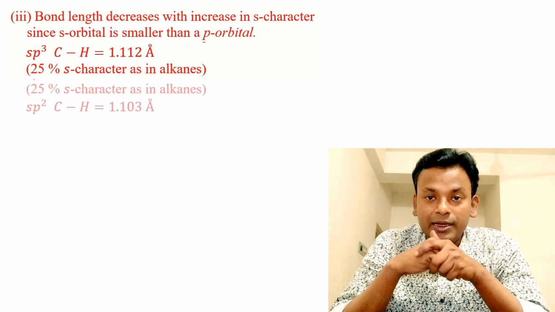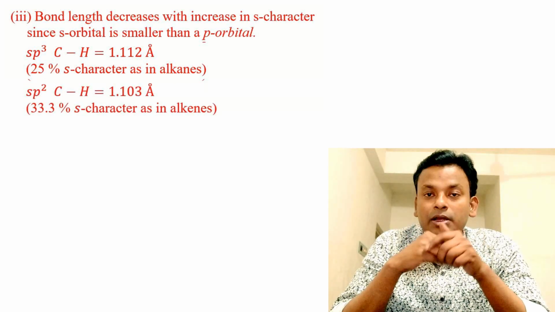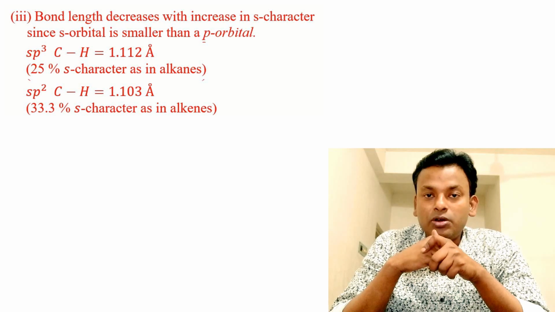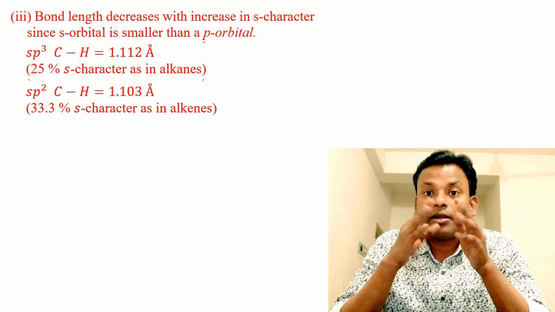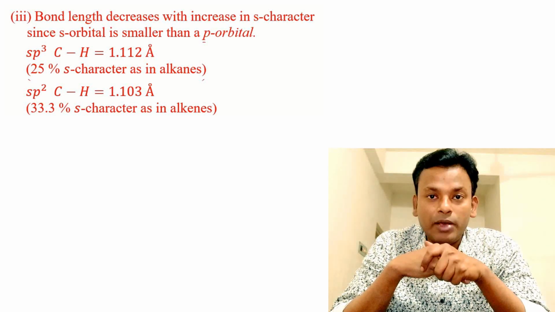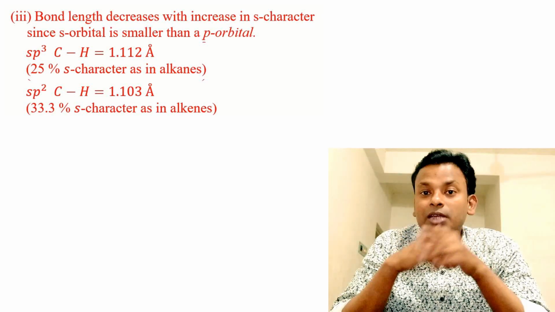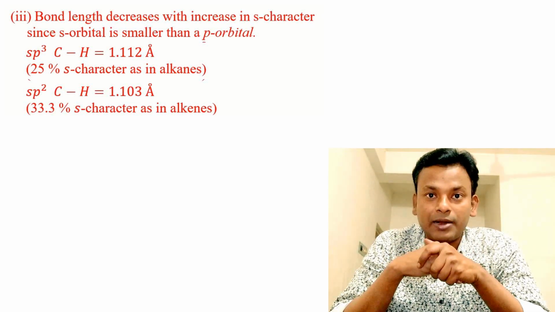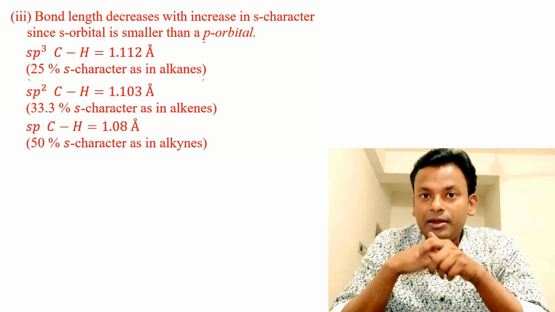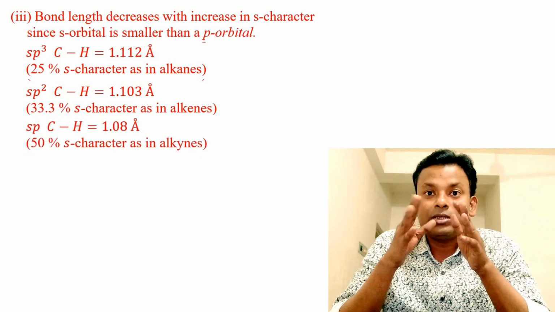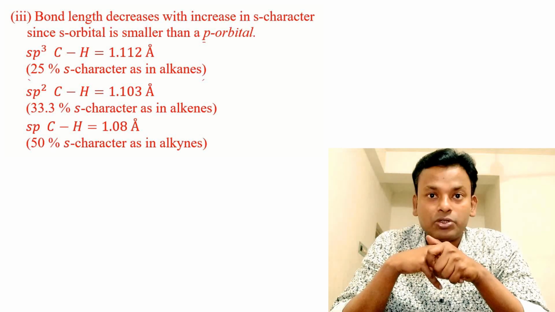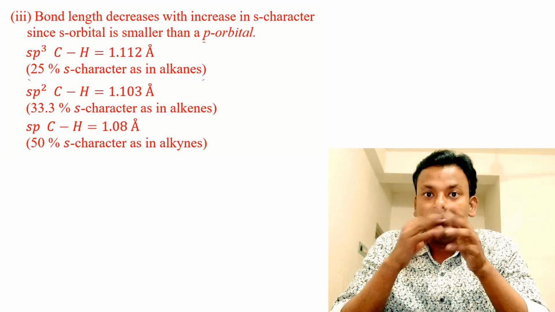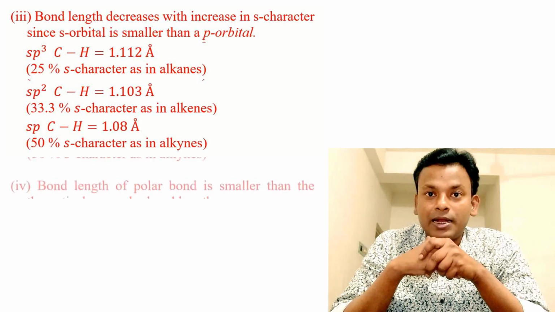In alkene, the C-H bond equals 1.103 Angstrom because here carbon is sp2 hybridized, meaning 33.33% s character. In alkyne, the C-H bond is 1.08 Angstrom and here carbon is sp hybridized, meaning 50% s character.